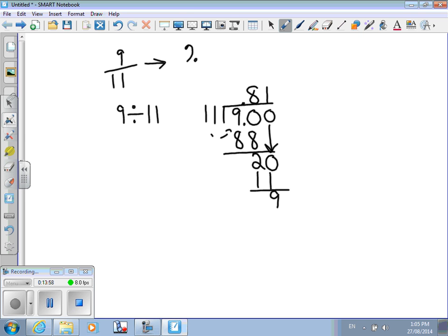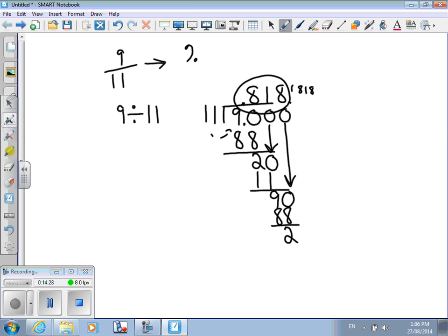One more time, add a 0, bring it down, and we've got that 90 again, which I know 11 will go in 8 times, and 8 times 11 is 88. Remainder 2. You can see that this is going to go on and on. It'll end up with another 1, and then an 8, and then a 1, and then an 8. So I'm going to stop right here.